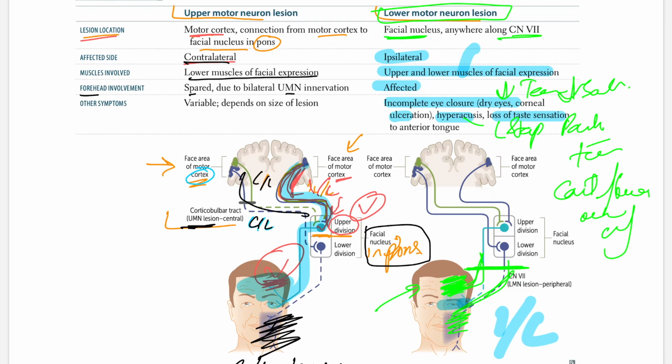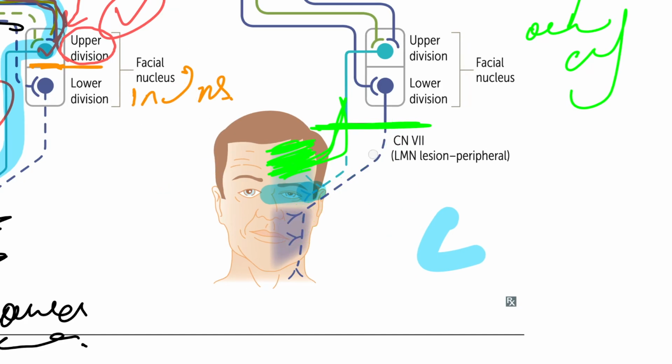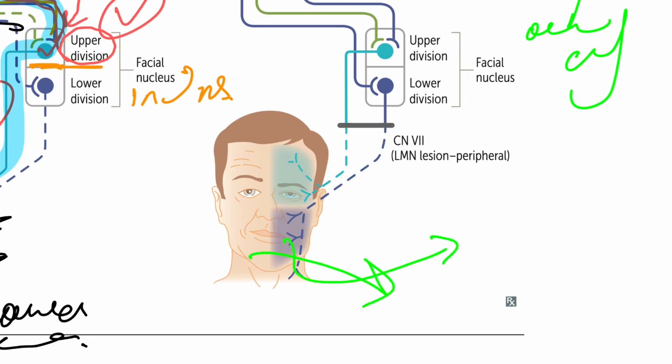Okay. Loss of taste sensation to the anterior 2/3 of the tongue, because the facial nerve supplies that area. Okay. Angle of the mouth. Let's just zoom in and write more things here. The angle of the mouth is going to be drooping. Look at the angle of the mouth. The angle of the mouth will sag. Okay.